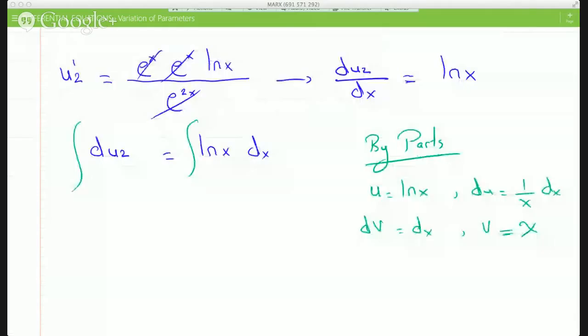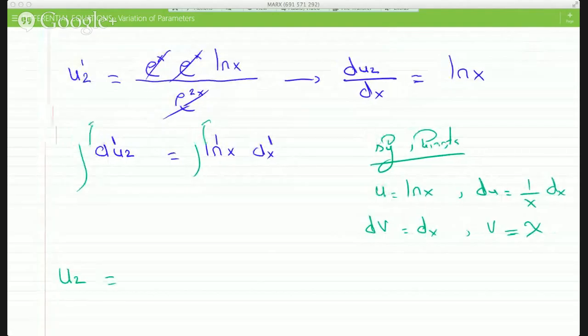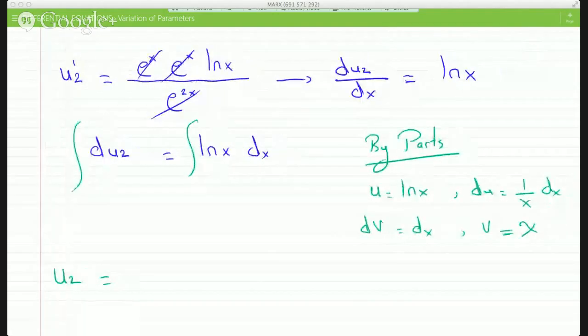And so now the integral of du2 is just u2. Now we apply by parts here.